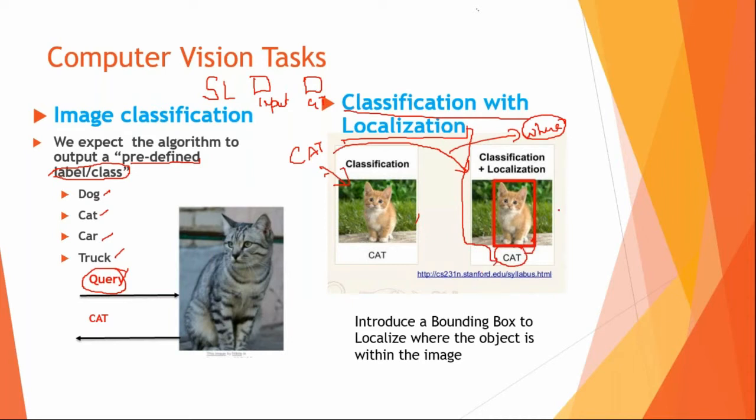So first it was image classification. Then slowly it moved to localization, where you draw a bounding box on top of the object of interest. So classification plus localization, and then computer vision slowly moved to the next level called object detection.